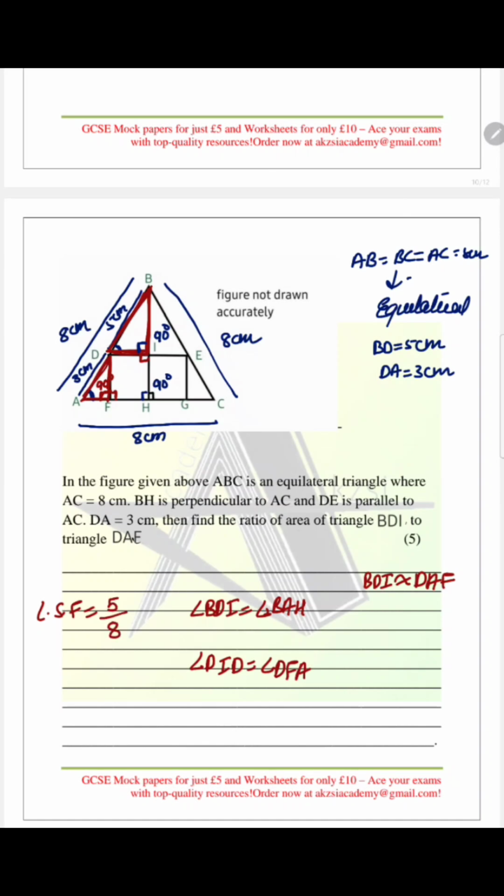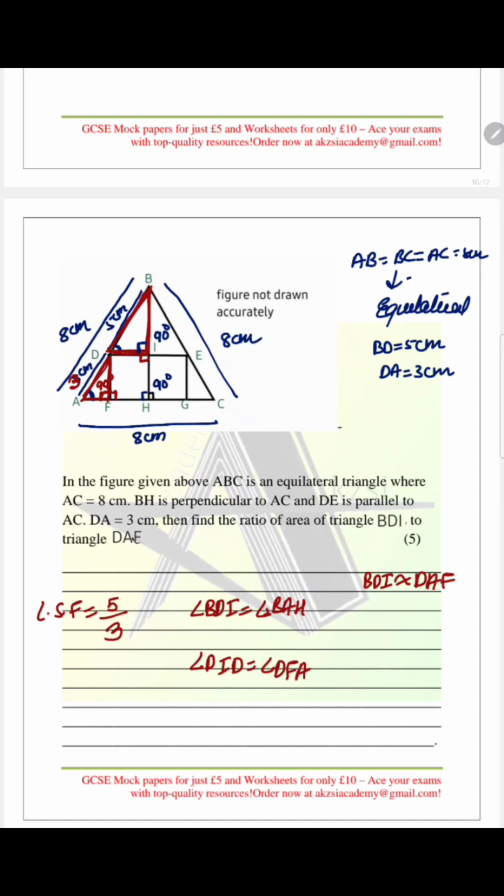They're asking you to calculate the area of triangle BDI to triangle DAF, which means obviously the corresponding side of this should be, because if this is the whole, this is 5, and AC is 8 and DA is 3. This is 3, sorry, this one is 3. So it's 5/3, not 8. By mistake I wrote 8.